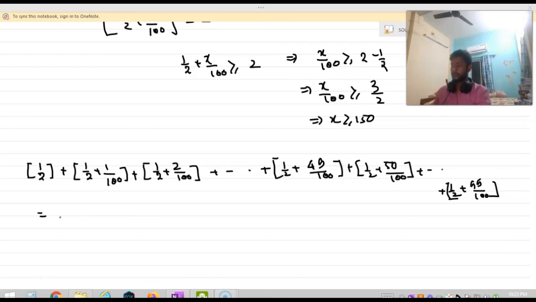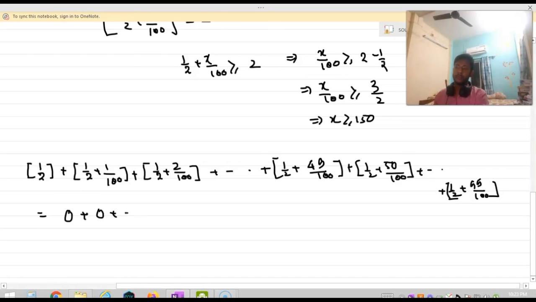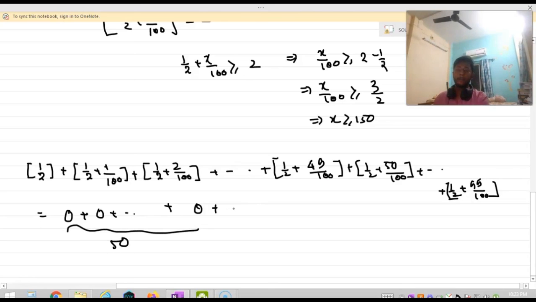So till now it is 0. How many times? It is starting from 0, 1, 2 up to 49, so it is 50 terms.